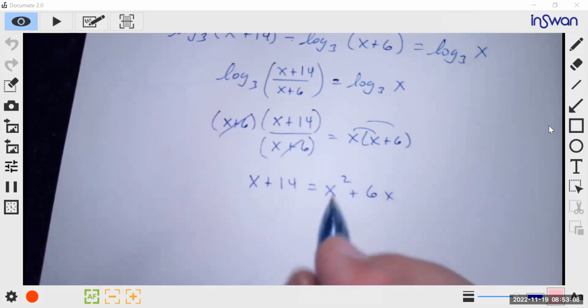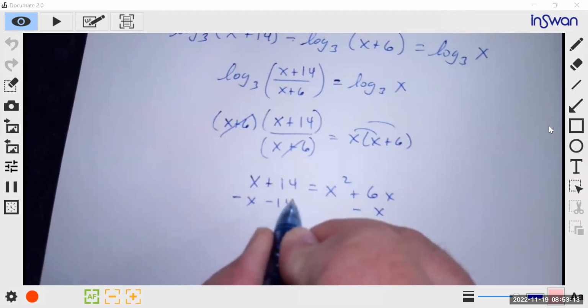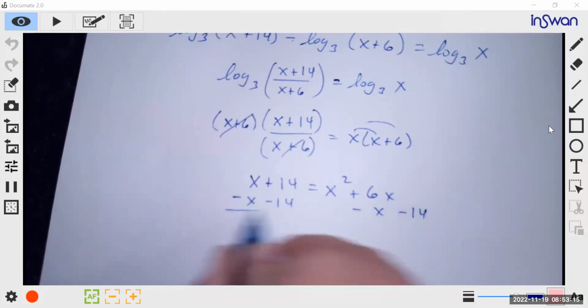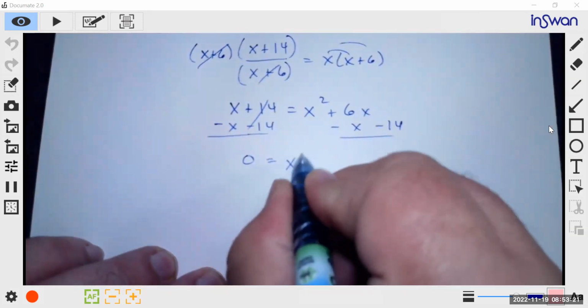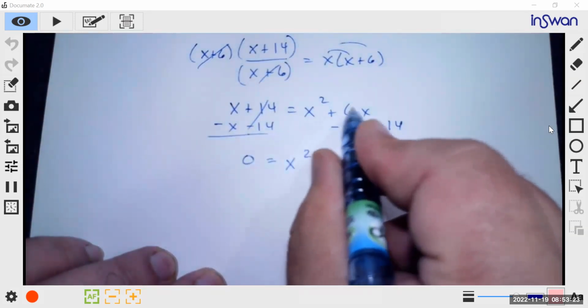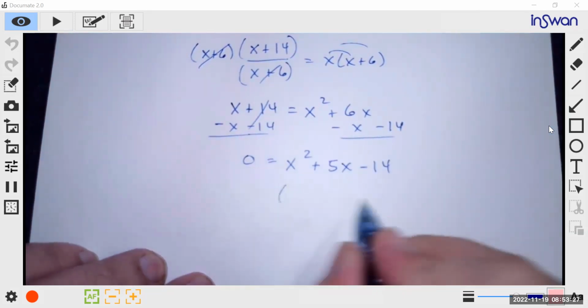It's quadratic, so set equal to 0. Subtract x from both sides. Subtract 14 from both sides. Zero equals x squared, 6 minus 1 is 5x, minus 14.